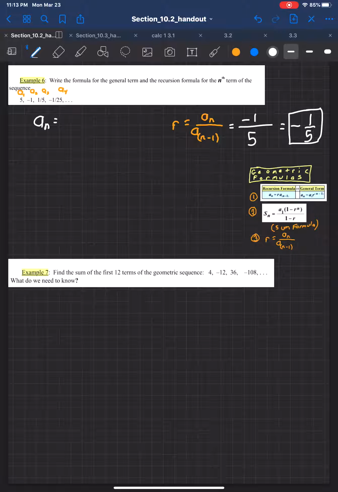All right, so if you want to find the general term, you're going to need to know the first term and the common ratio. So a sub 1 in this case is 5. So let's finish this up. a sub n for the general term is going to be 5 multiplied by r, which in this case is negative 1/5, raised to the power of n minus 1.